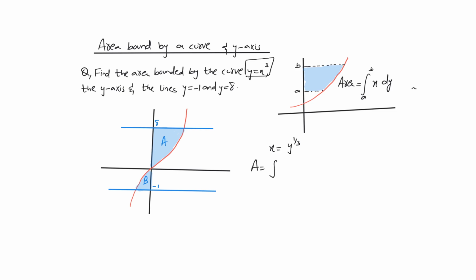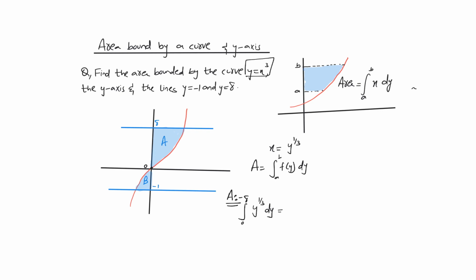Okay, the function must be in y, dy, and then you need to plug in the limits. So let's say I need to do this integration process for area A. For area A, the limits are from 0 to 8. I will have to integrate y raised to the power of 1 over 3 with respect to dy.